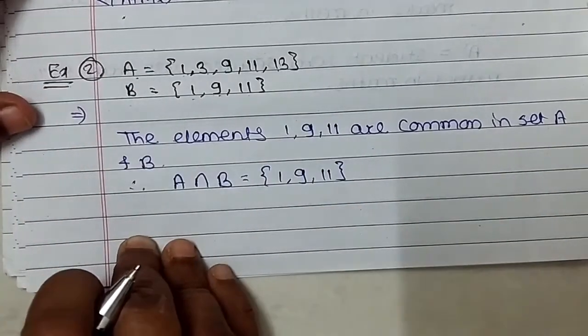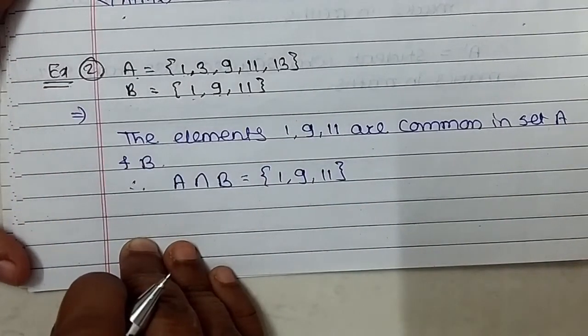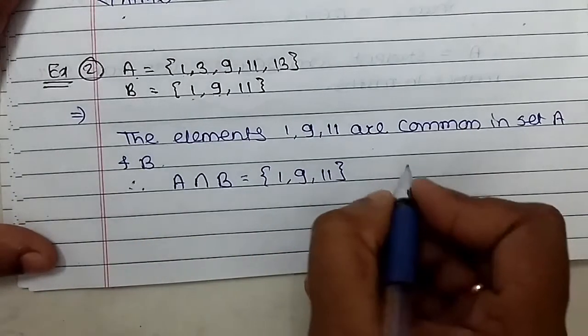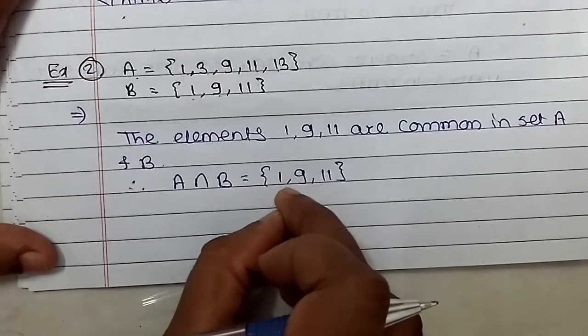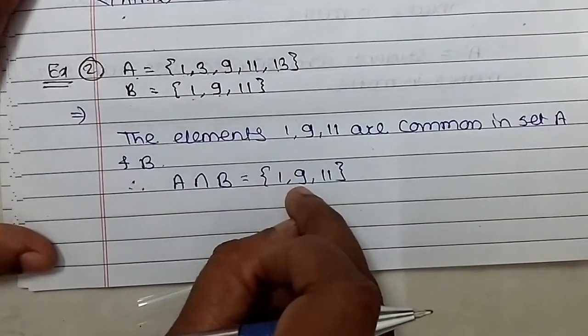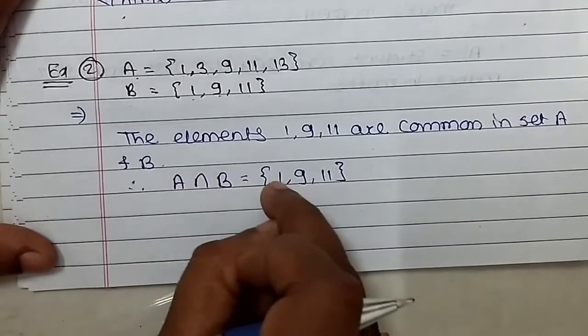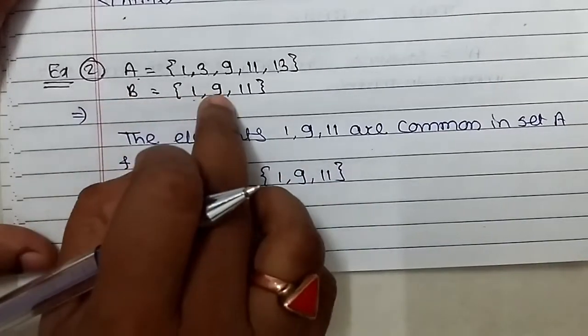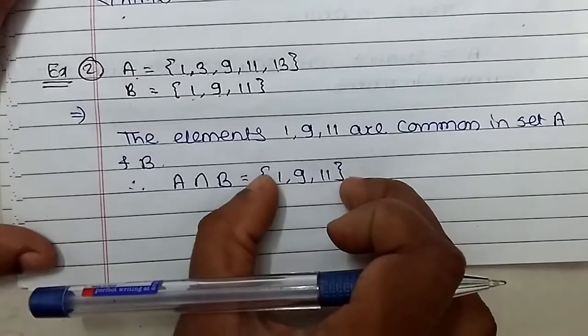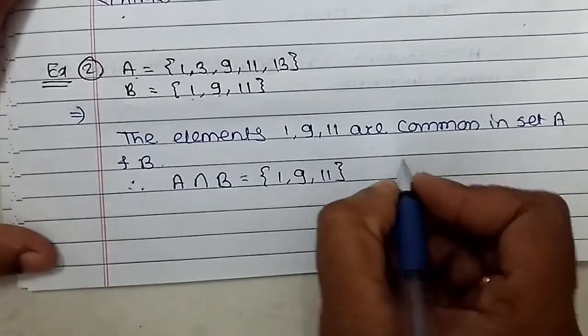Okay, so just observe this set. The elements of this set are what? 1, 9, 11. And what are the elements of B? That is 1, 9, 11. That means this set is equal to B. Write down one statement here.